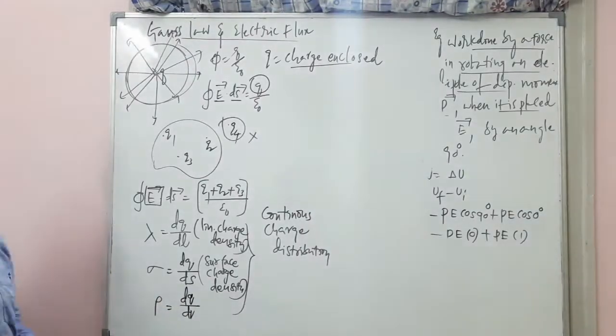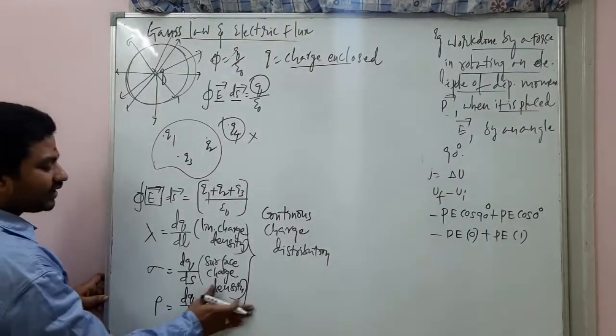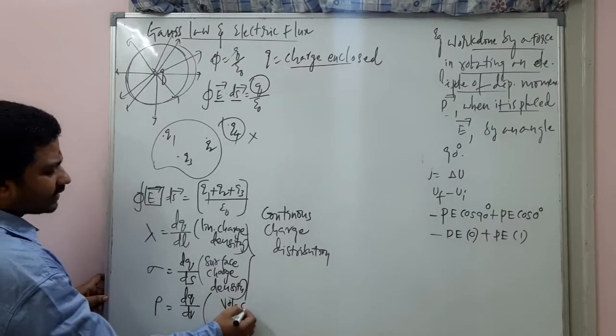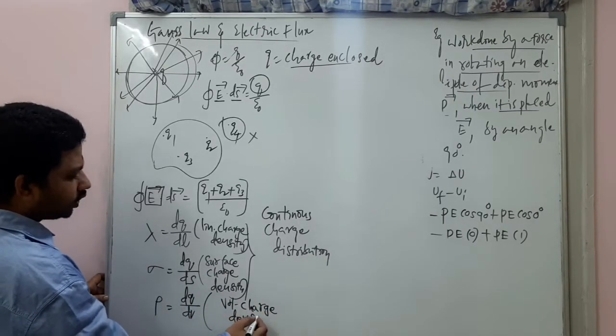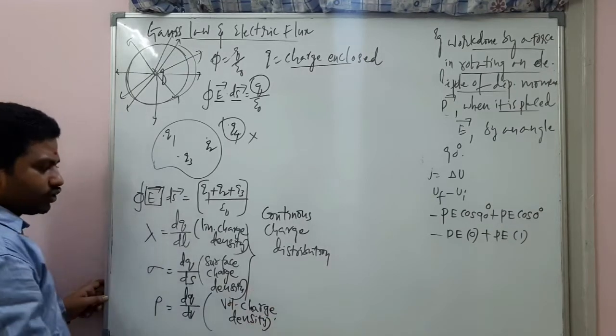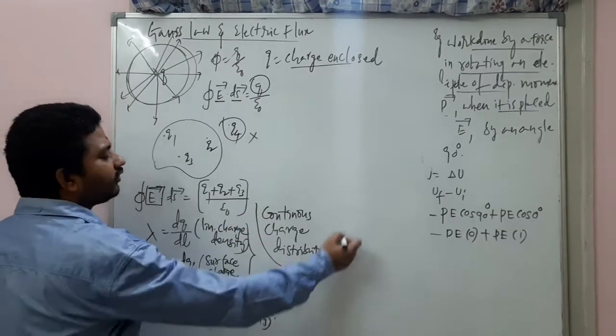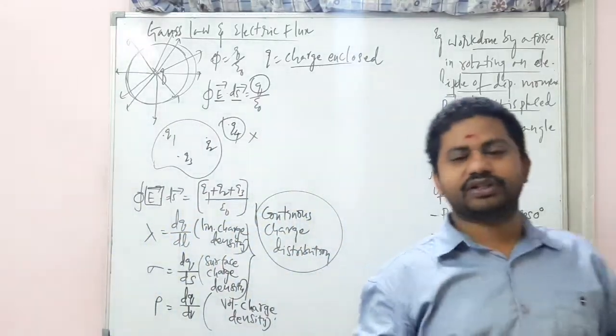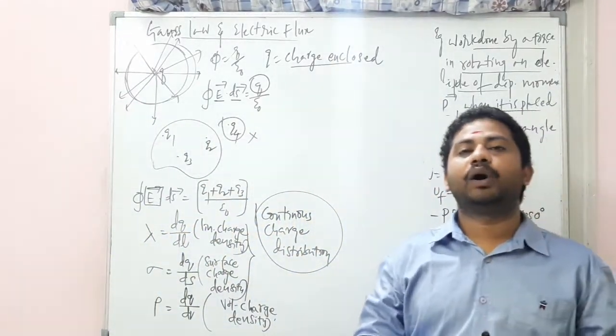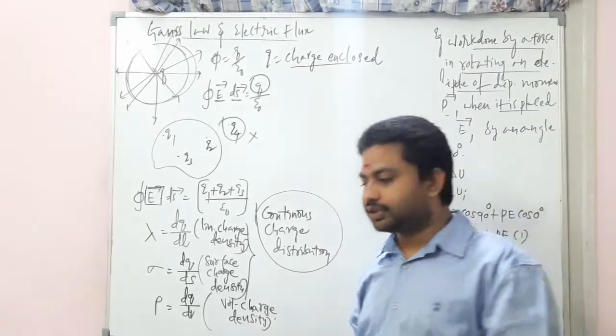This is volume charge density. These three things will be useful for us while discussing continuous charge distribution.